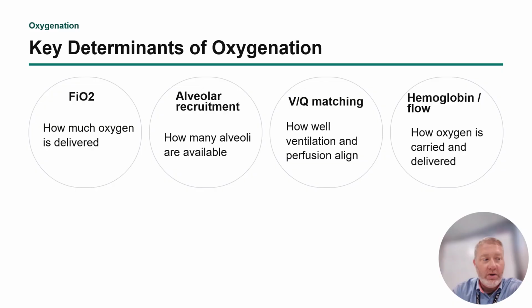We need good ventilation perfusion matching, so that's VQ matching, V for ventilation, Q for perfusion, so that blood actually reaches the ventilated alveoli to be able to carry it to the rest of the body. And we need adequate hemoglobin and cardiac output to be able to carry and deliver that oxygen to the tissues.